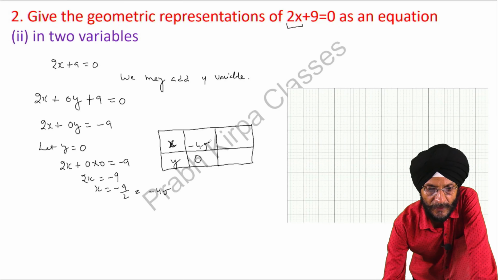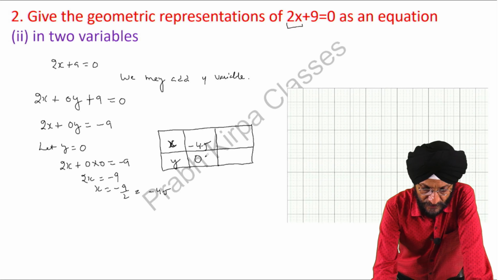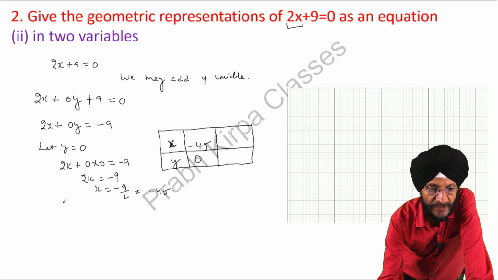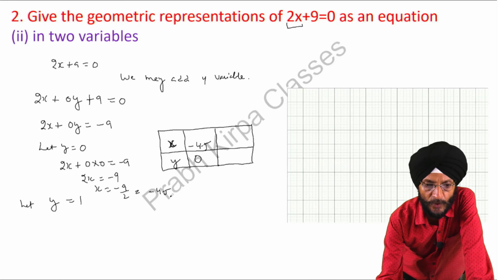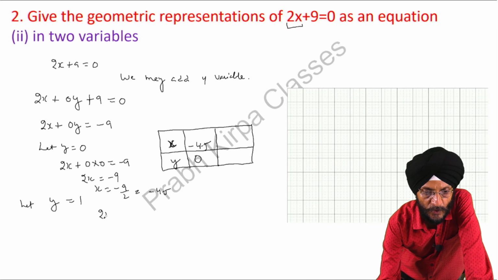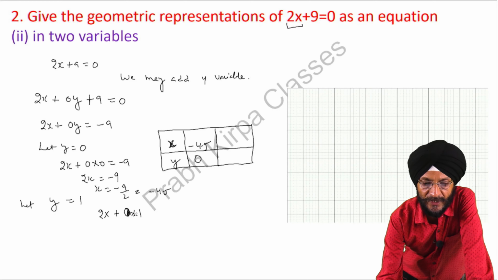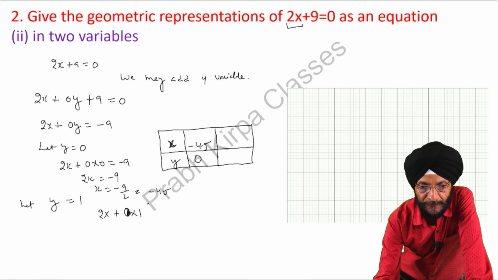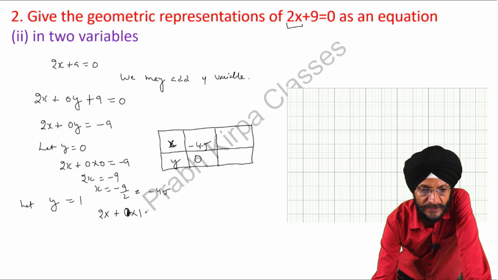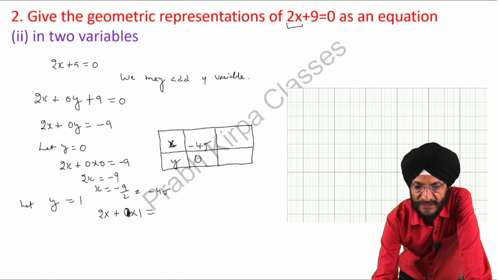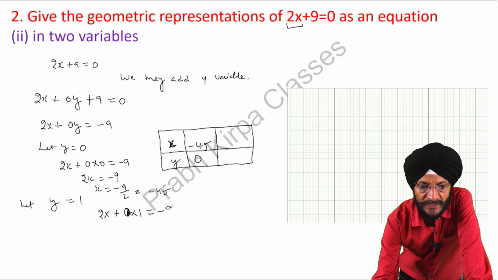Now when we say let y is equal to 1, what will happen? 2x plus 0 into 1, because it is 0y and the value of y is 1. 2x plus 0 into 1 is equal to minus 9.